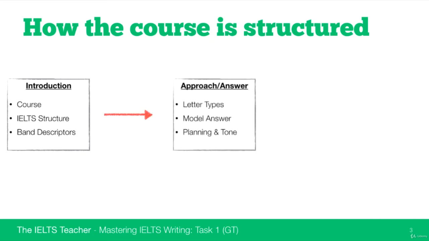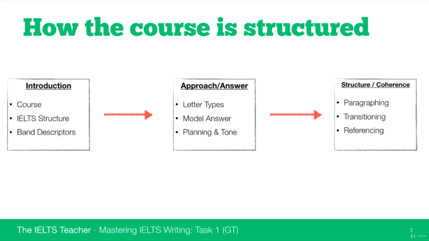After this section, we'll be looking at how to approach and answer the task by writing your letter, thinking about the different letter types and planning and tone. We'll also be looking at structure and coherence, things like paragraphing, transitioning between ideas and between paragraphs, using cohesive devices, referencing.